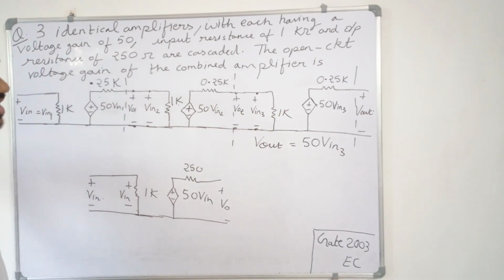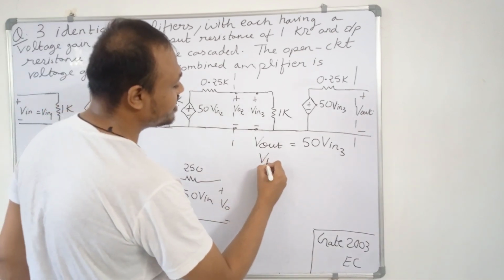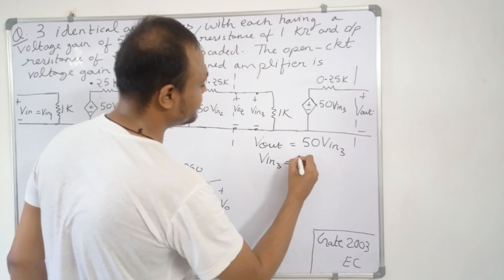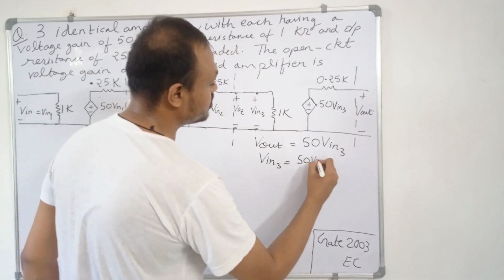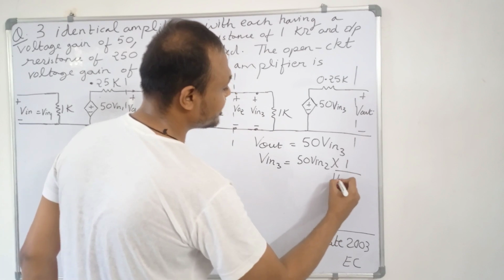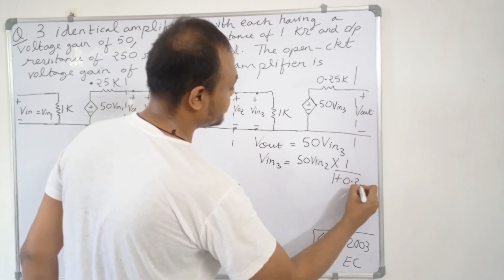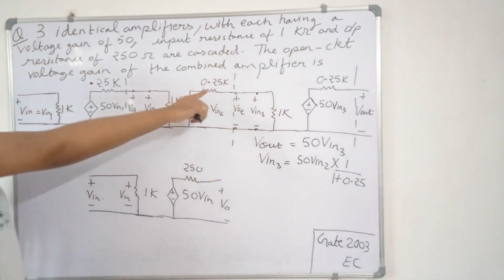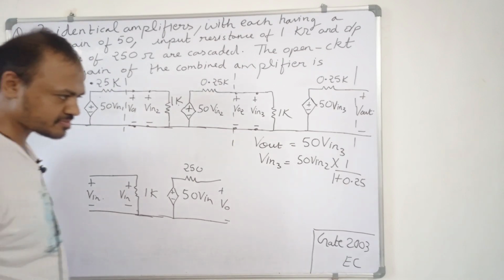By the voltage divider rule, Vin3 equals 50 Vin2 into 1 upon 1 plus 0.25, where 250 ohm is written as 0.25K.